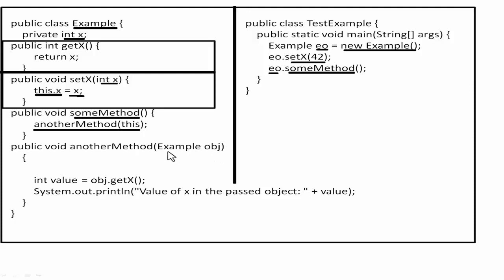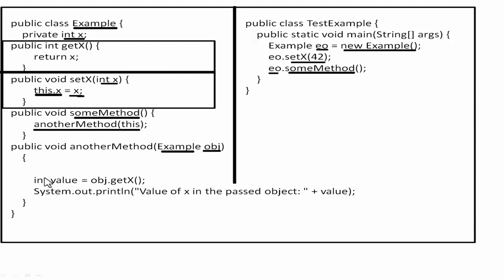Here anotherMethod takes an Example object, with Example as the class name. Whatever parameter we have sent is considered as an object. Example is the name of the class, so here it is considered as an Example object.